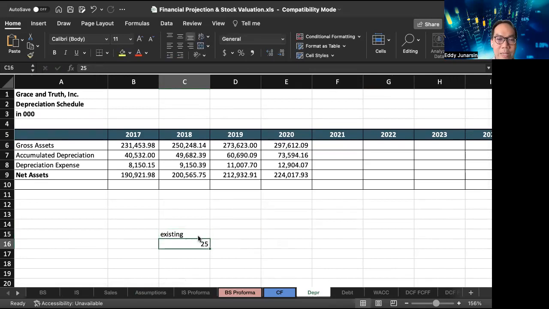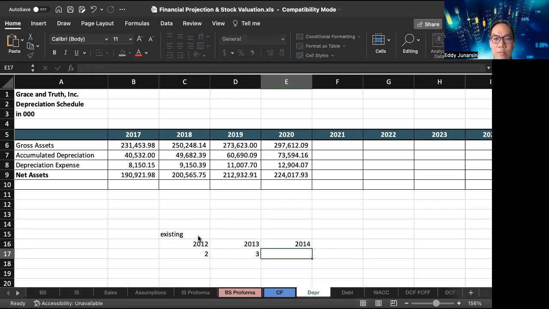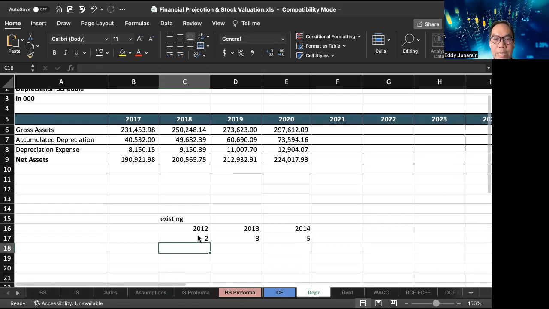We got them in many different years, right? For example, in 2012, 2013, so we got 2, we got 3, and so on. You can imagine, right? So we could make the real list of equipment or fixed assets and so on.